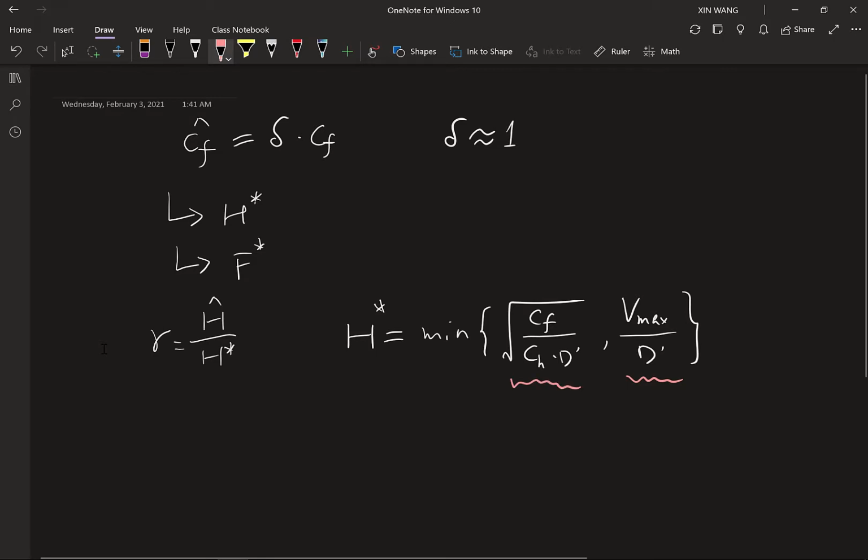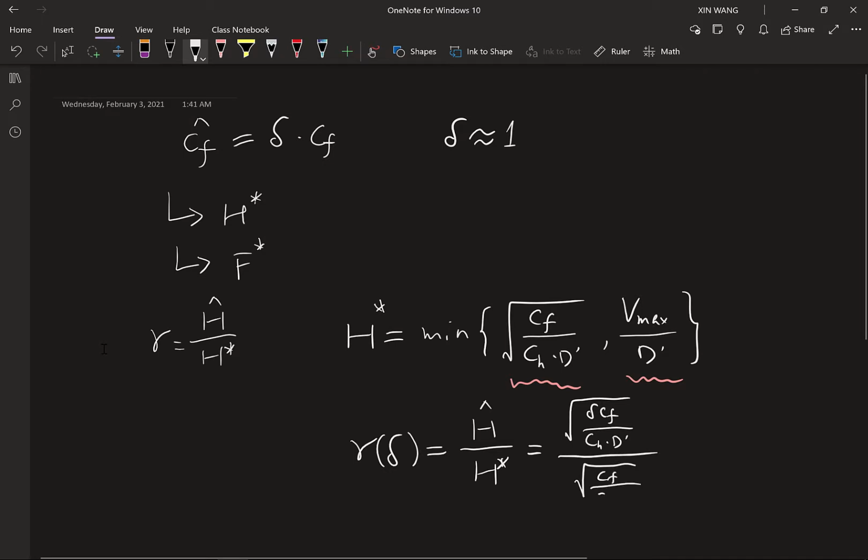From the expression, we can immediately get the expression for gamma with respect to the estimation error on CF. This gives us the square root of delta.